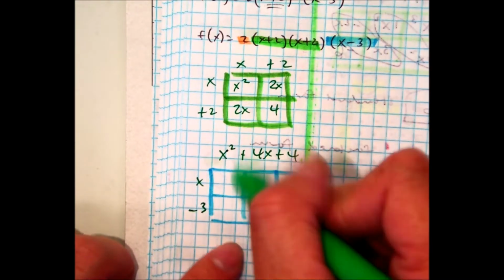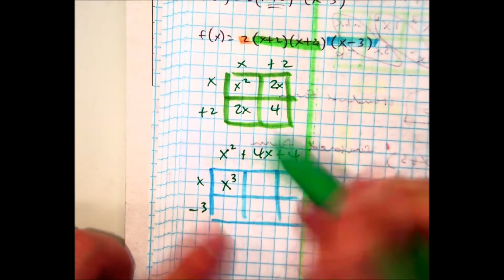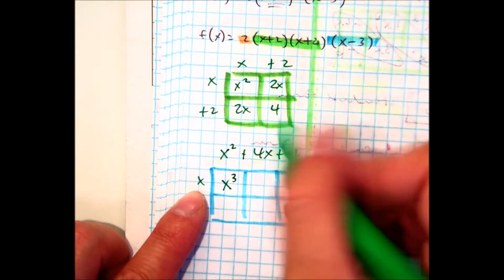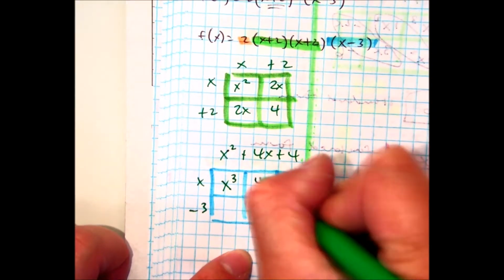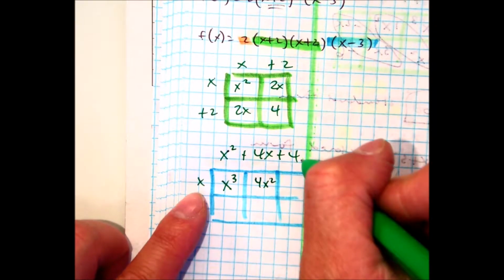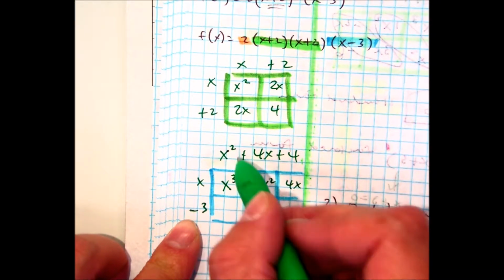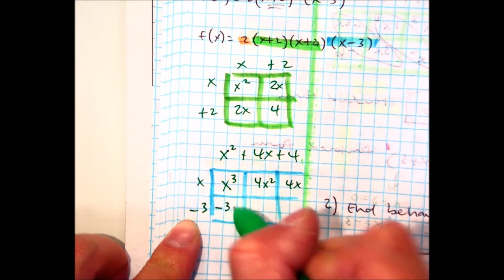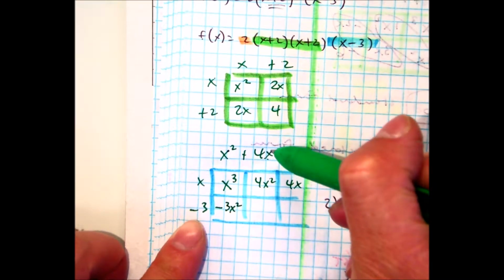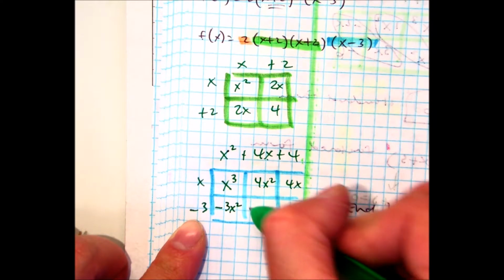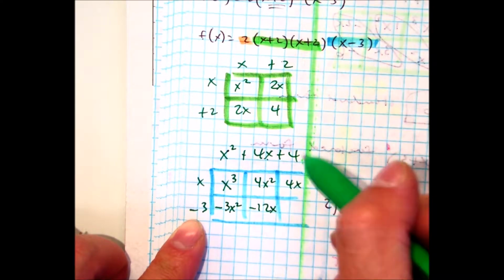X times x squared. X times 4x. 4 times x. Negative 3 times x squared. Negative 3 times 4x. Negative 3 times 4.